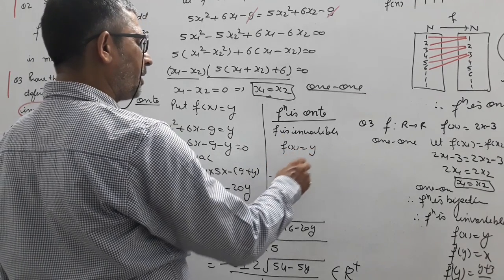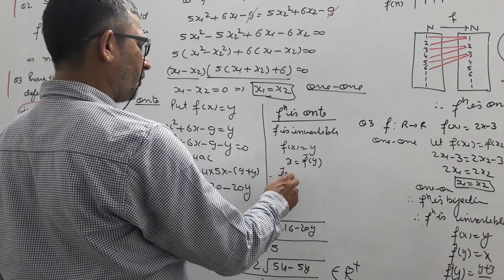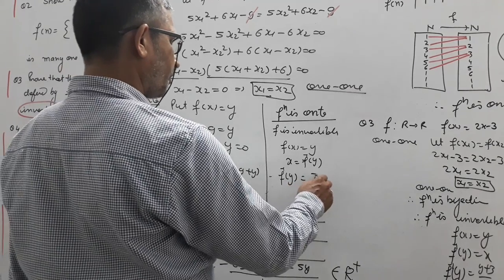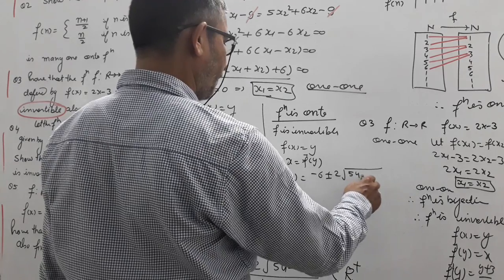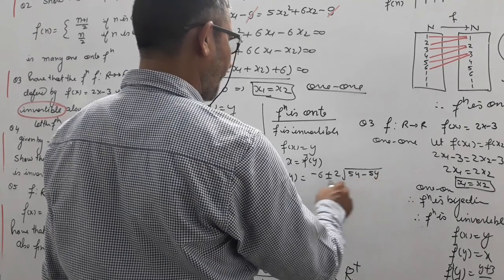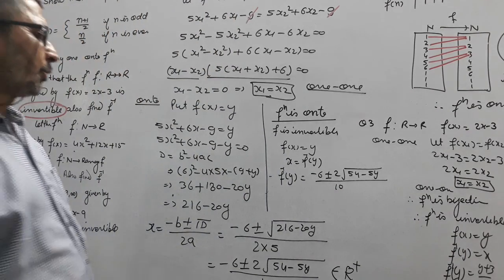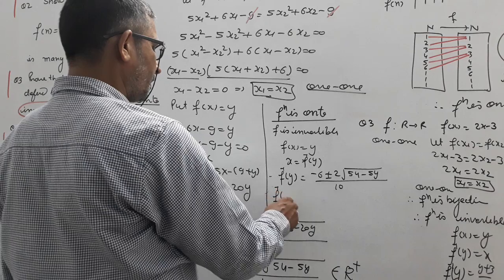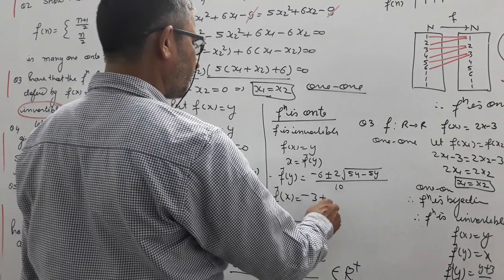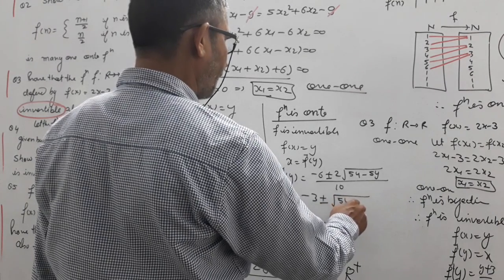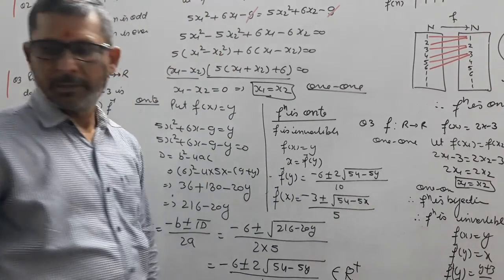And how can we find its inverse? f(x) equals y, x equals f inverse y. So f inverse y equals minus 6 plus minus 2 root 54 minus 5y upon 10. So what about f inverse x? That is minus 3 plus minus root of 54 minus 5x upon 5.